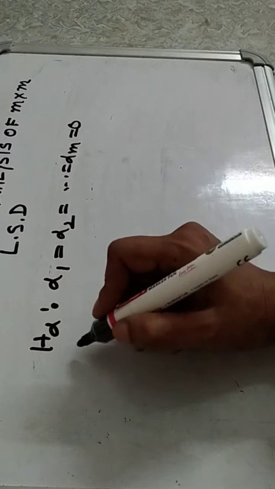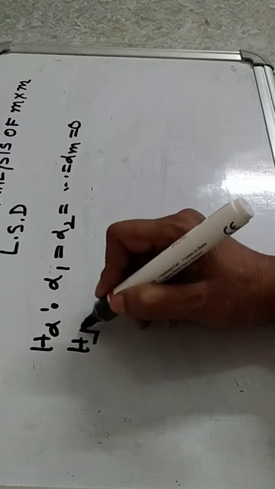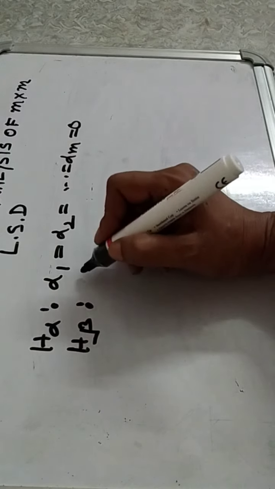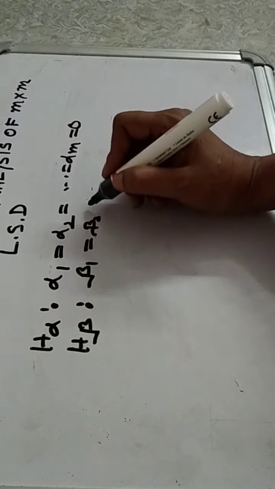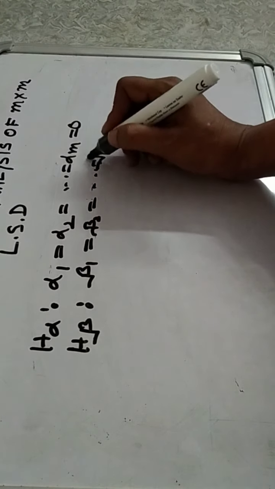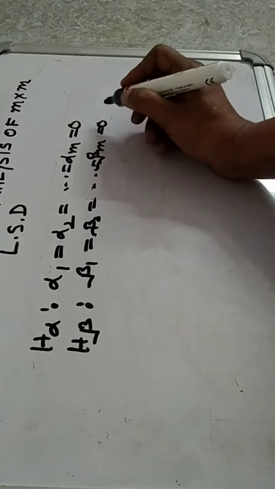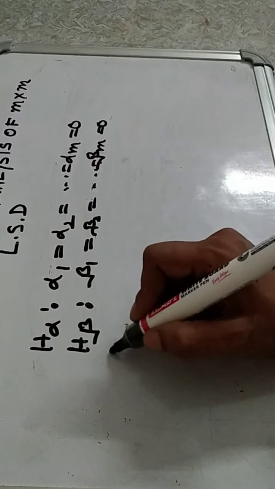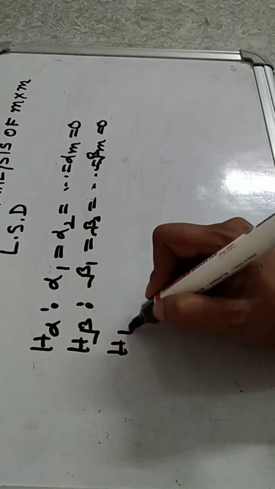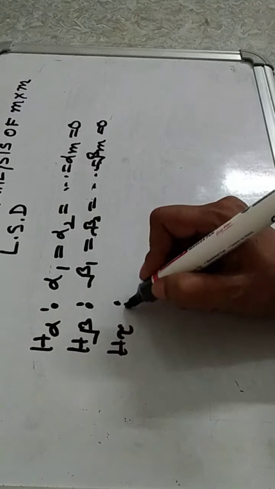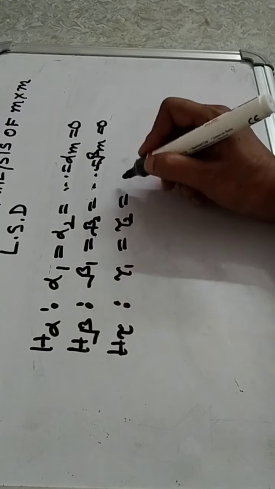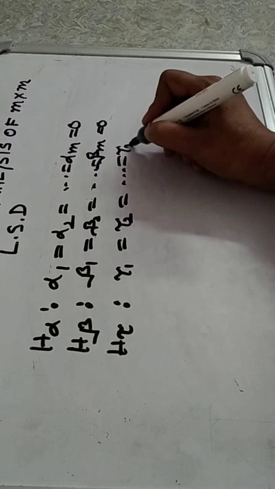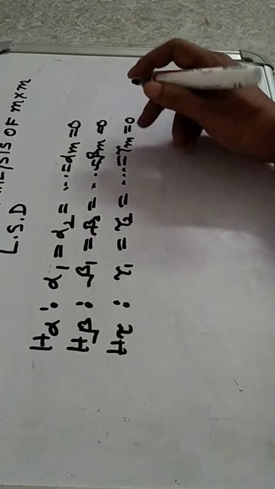Then for column effects, we set up the null hypothesis H beta: beta 1 is equal to beta 2 is equal to up to beta m is equal to 0. Then for treatments, H tau: tau 1 is equal to tau 2 is equal to up to tau m is equal to 0.